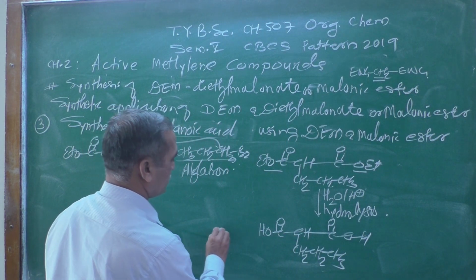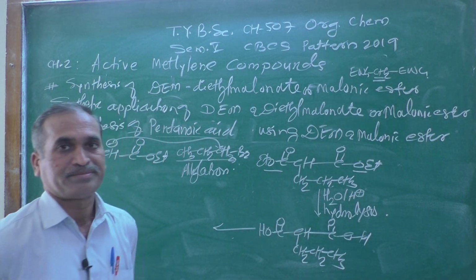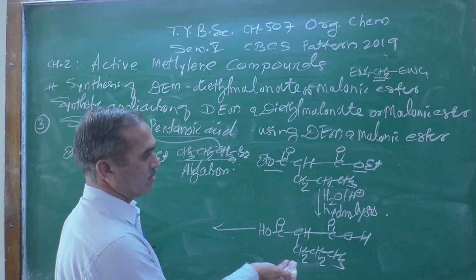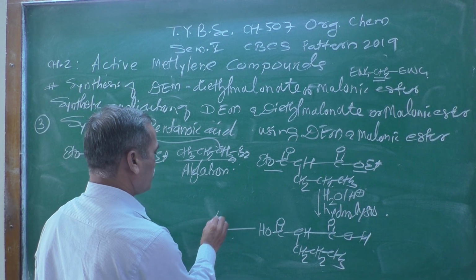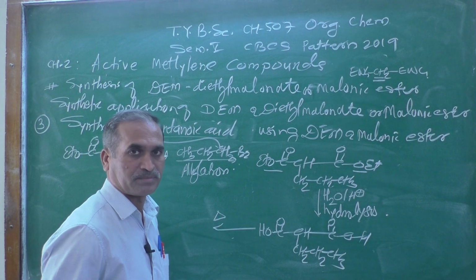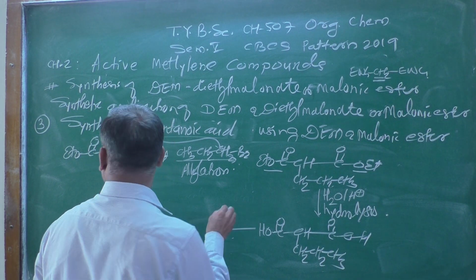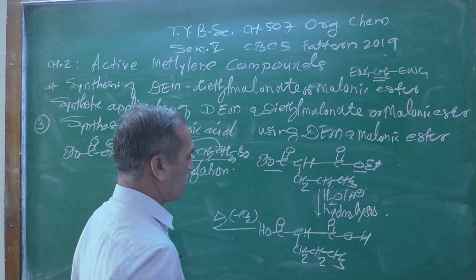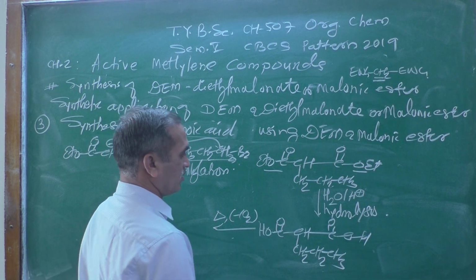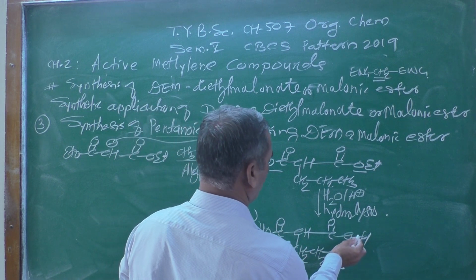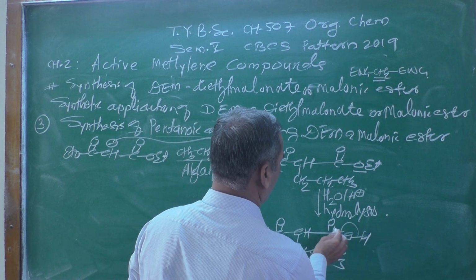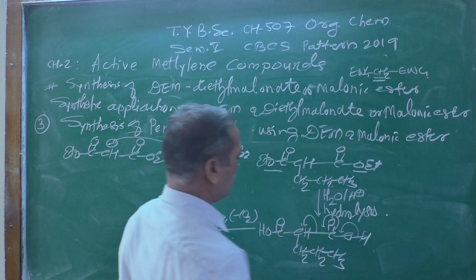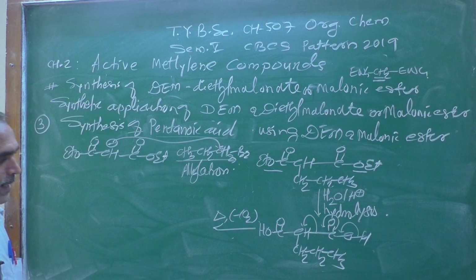This is the diacid we are getting, and the next step usually is the symbol of heating. Then there will be an evolution of carbon dioxide. How it gets evolved, I am showing here, so you can see properly.